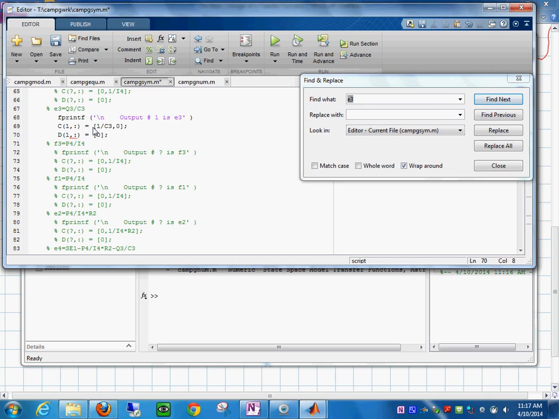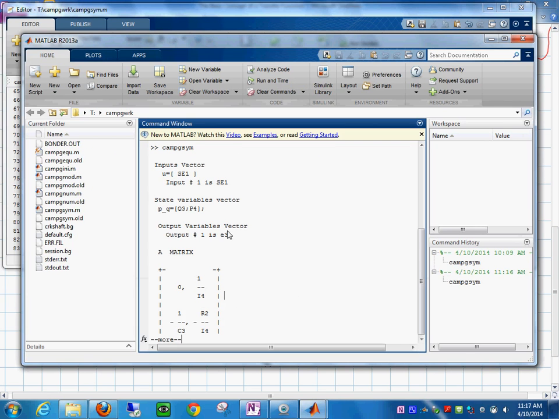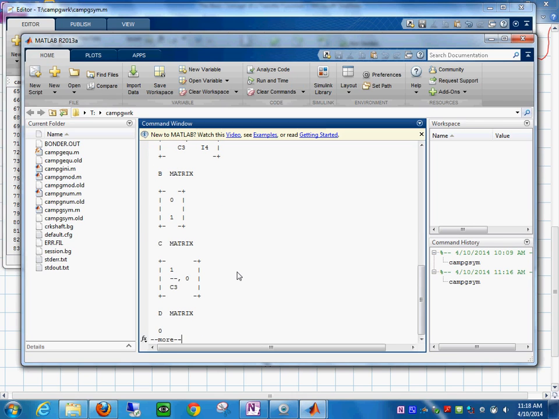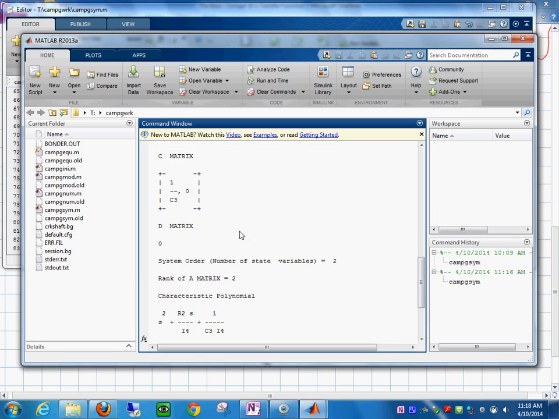The procedure, if you model a system that has 5 degrees or 5 variables, is not different than this. So what you're going to do is we're going to run this. We have E sub 3 as the output. These are the A matrices, the B, the C, and the D matrix right here.